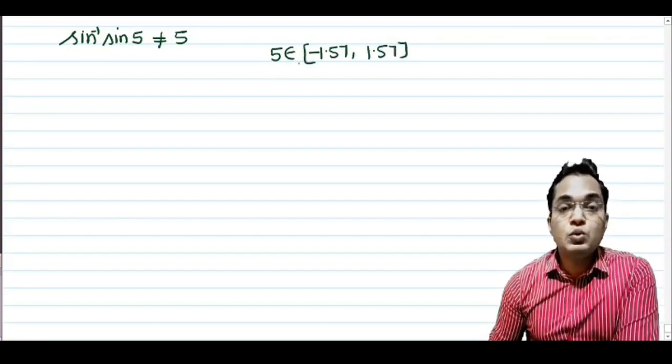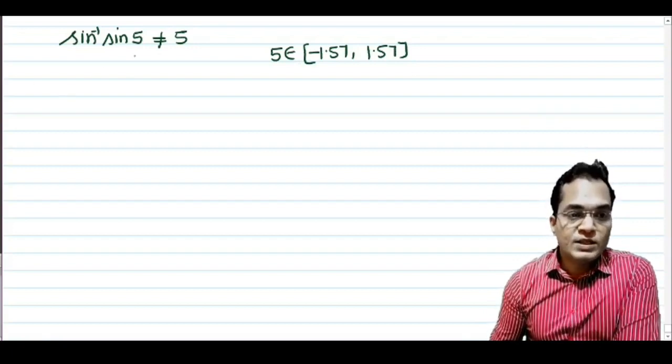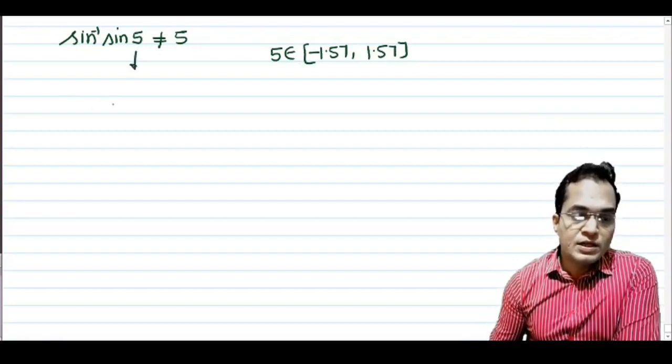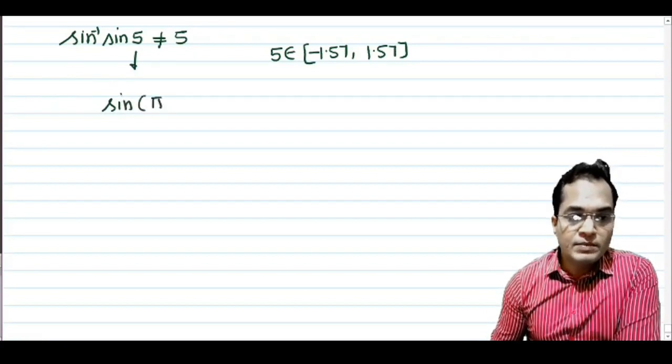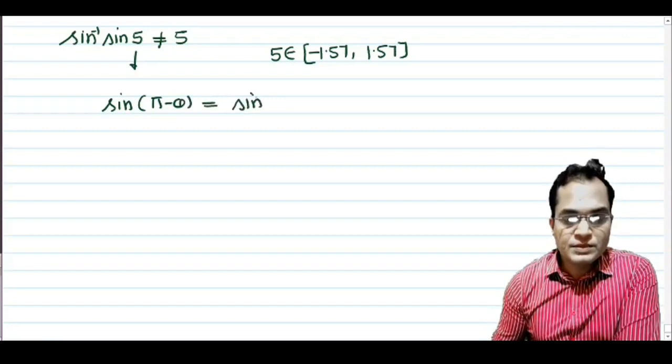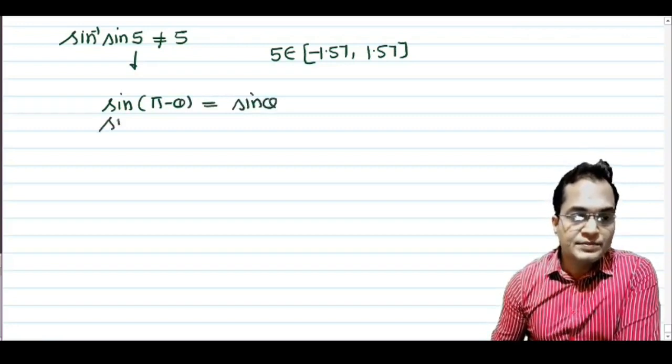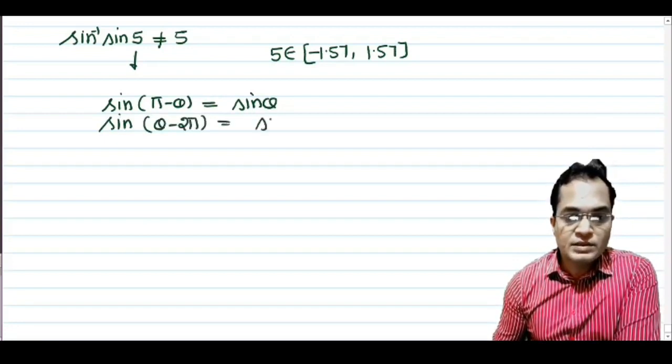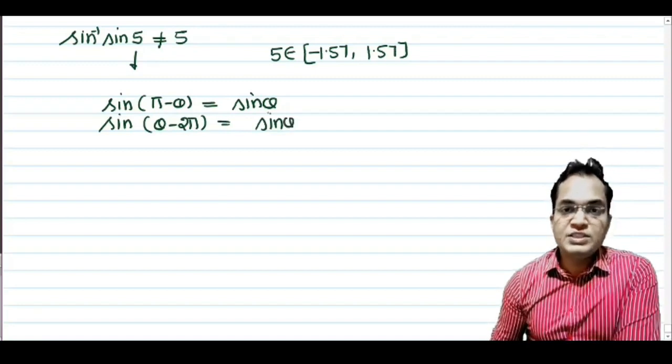Then what can we do for this? Listen, for this angle 5, as we know, sine(pi minus theta) is sine theta. Yes or no? And sine(theta minus 2 pi) is also sine theta. Then check it.